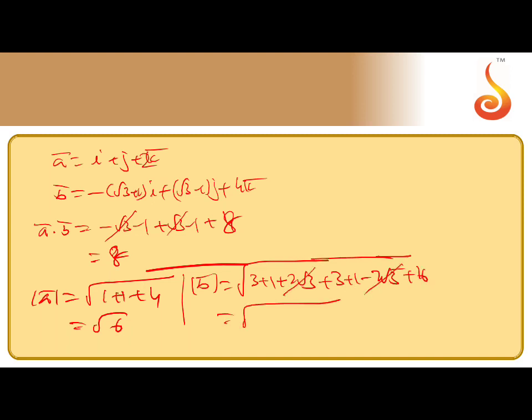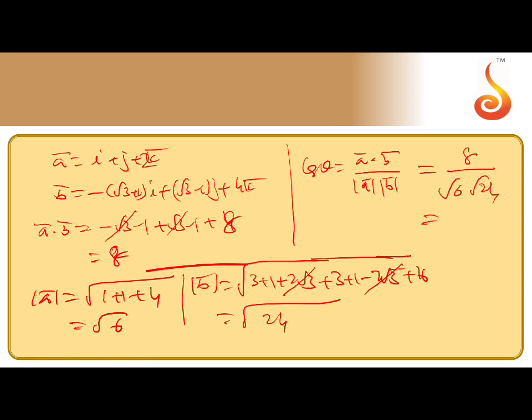So this value gives 3 plus 1, 4 plus 4, 8 plus 16, root 24. So now we can take the cos theta formula. What is the formula? a dot b by modulus a into modulus b. What is a dot b? 8 by root 6 into root 24.